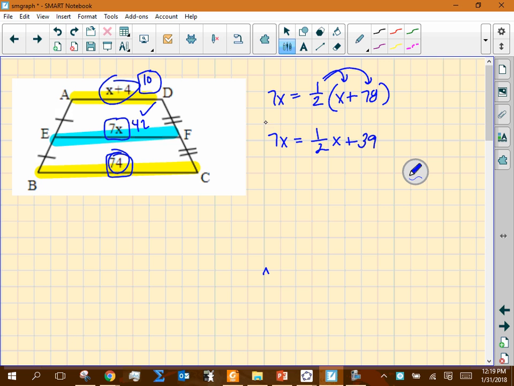Yeah. You want to multiply every single term by 2, I get 14x equals 1x plus 78. I get that x plus 78 that was right here as the numerator in the equation that we did prior. So that's still going to give me x to be 6 in this case. There's another approach. Let me go this way.